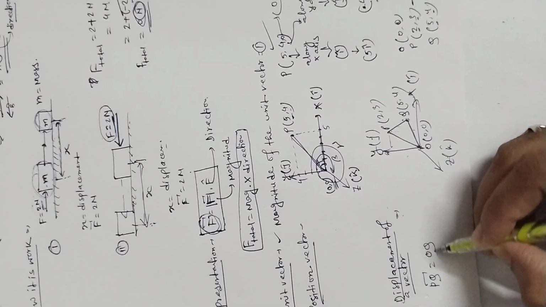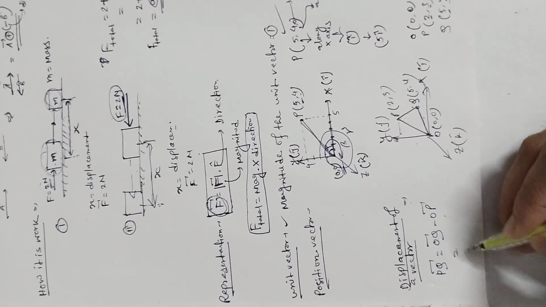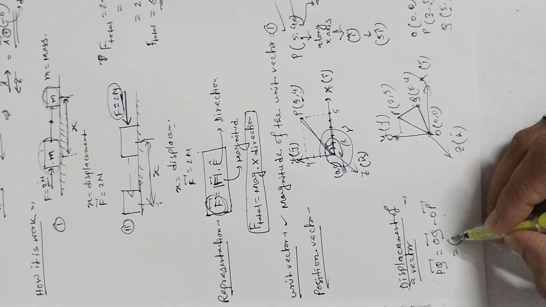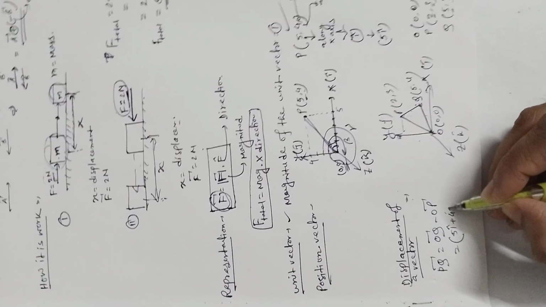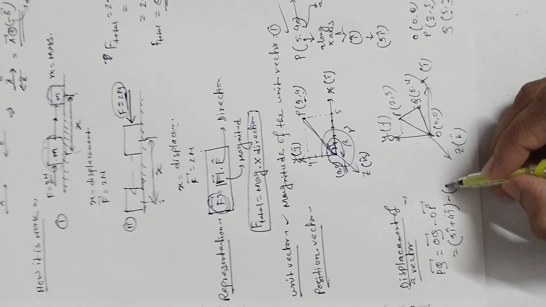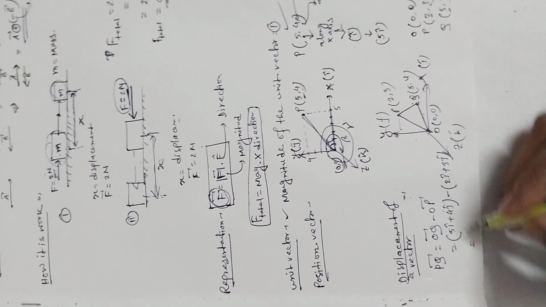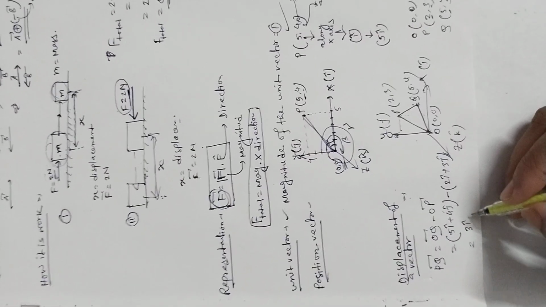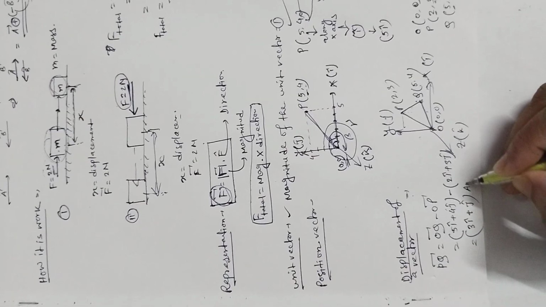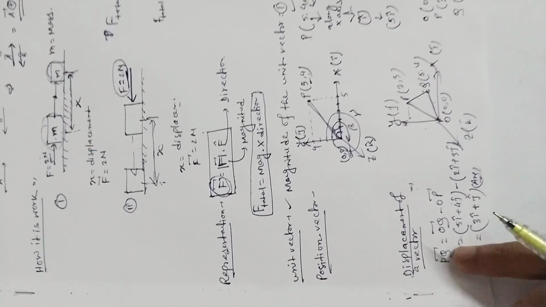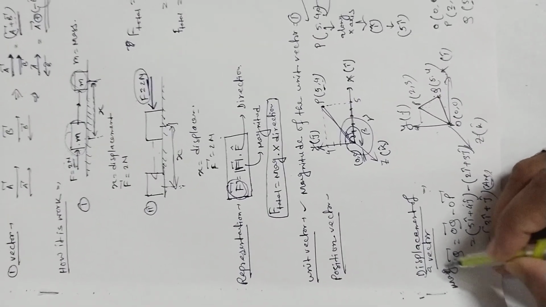I can write OQ minus OP. So OQ is 5 I cap plus 4 j cap, minus 2 I cap and 3 j cap. So 3 I cap plus j cap. It's the answer. It is the magnitude also.